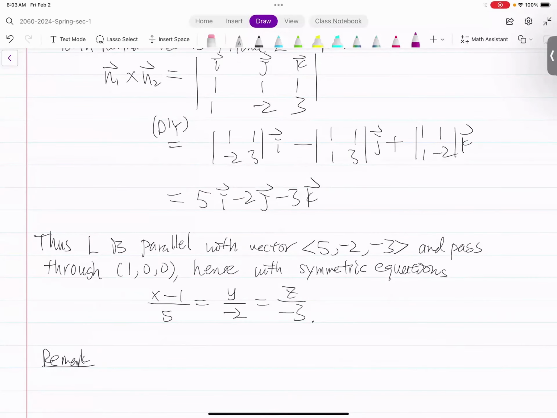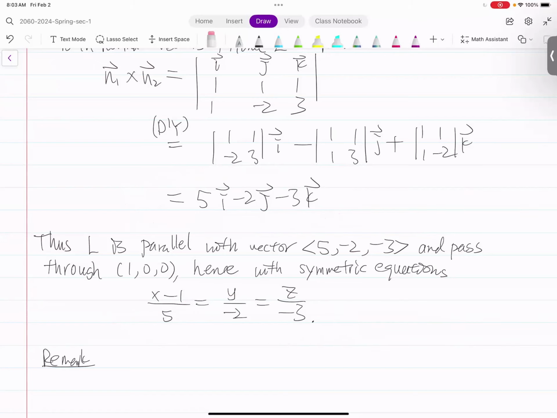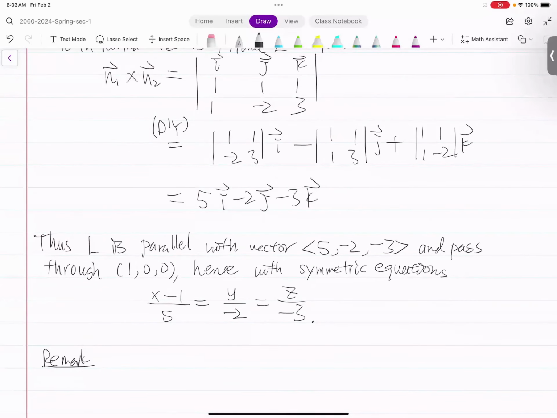So basically, we found the cross product, and then we just put it down as the denominators of the symmetric equation, and that's it. Right. Any questions so far? Okay, if that's good, then let me move on.